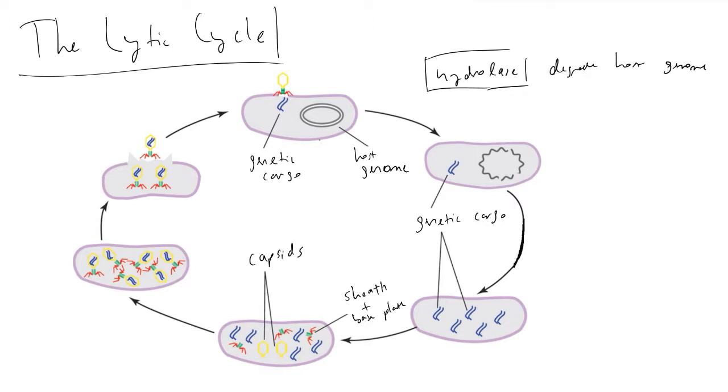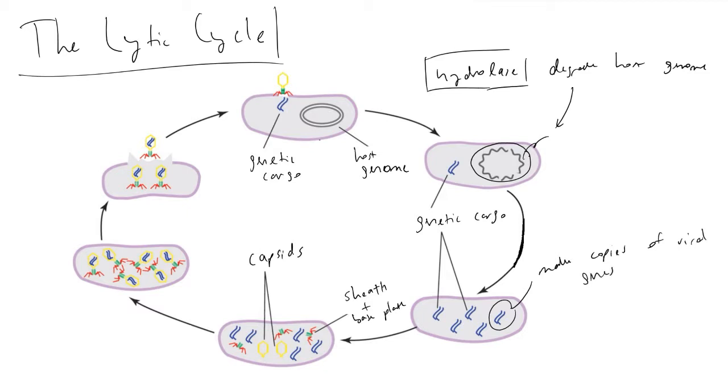And so after the hydrolase has done its job, what we now find is that the host genome is degraded, and once the genome has been totally broken down, we actually make copies of the viral genes.